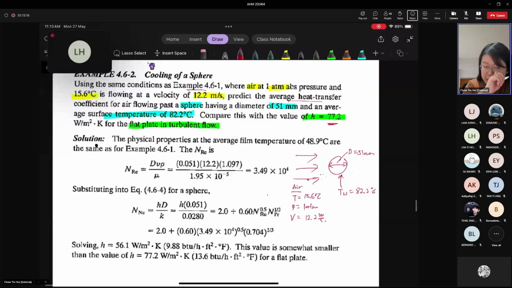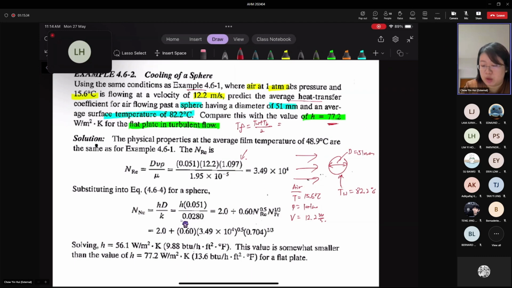Now let's do the calculation. Before you can do this, make sure you find the film temperature: wall temperature plus bulk fluid temperature, divided by 2.